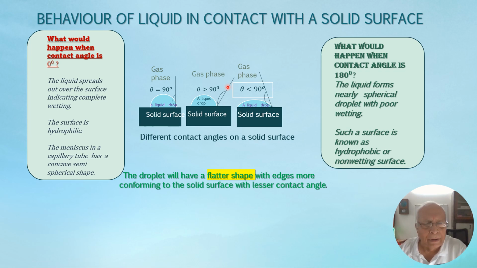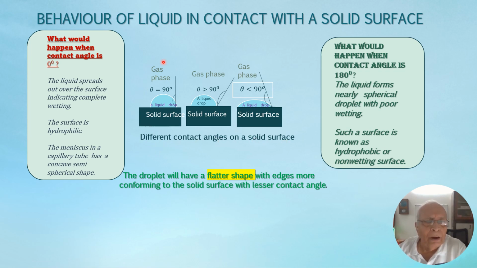That is contact angle. And here we find that the contact angle of the same liquid drop being considered is different in different solid surfaces. In the third case, we find that it is lesser than 90, means an acute angle is formed. Different contact angles on the same solid surface.